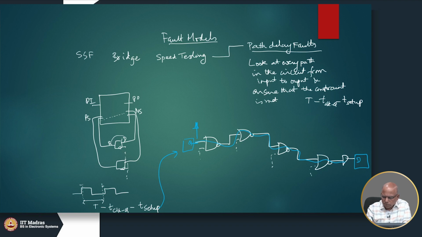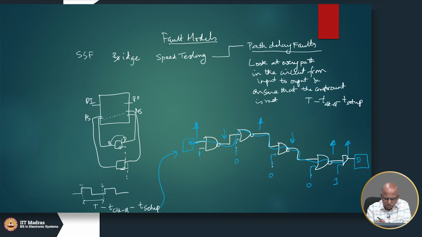If I am able to put a 1 here, this will go from high to low, and if I can make this 0 somehow, this will go from low to high. If I can make this 0 somehow, this output will go from high to low, and if I make this 1 somehow, this will go from low to high.